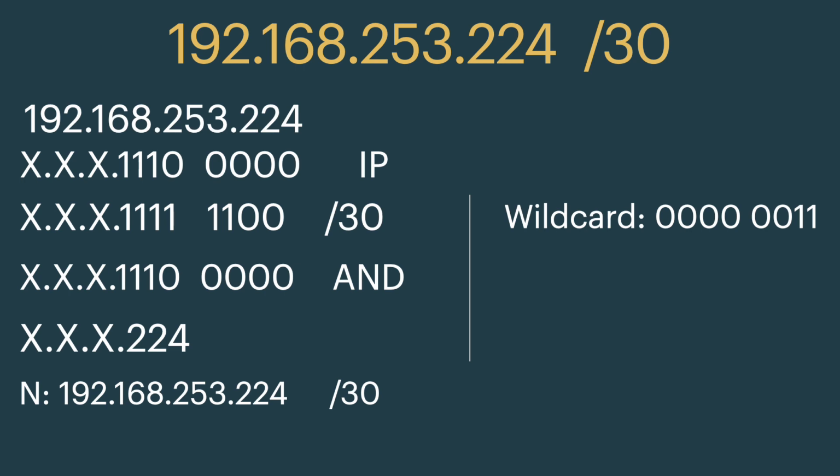And then we get the wildcard, which is the inverse of the CIDR. In this case it is 0.0.0.3, and then we translate it to decimal, which is 3, and we add the network address plus the wildcard, and it's going to give us the broadcast address.